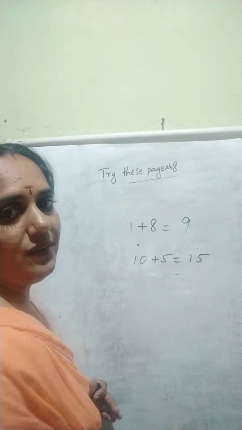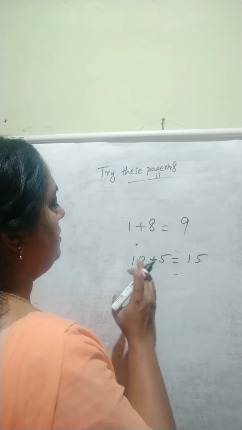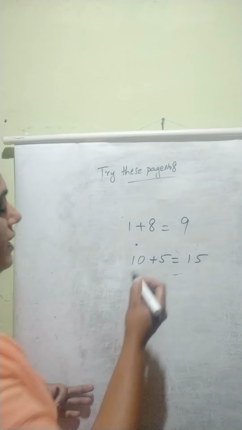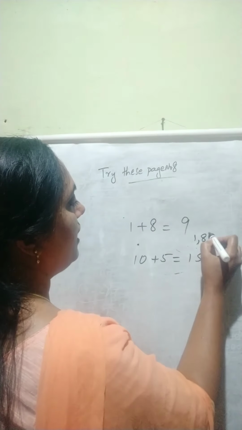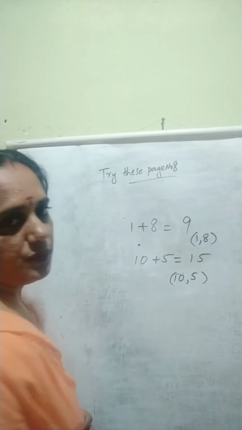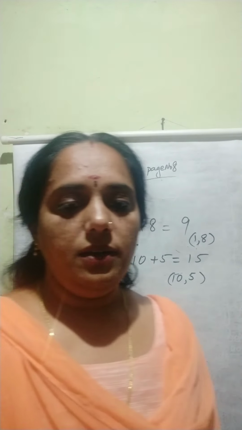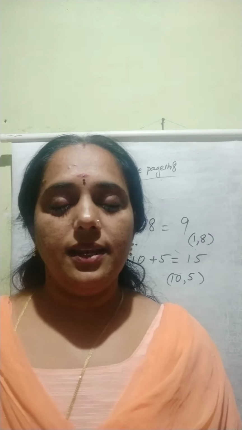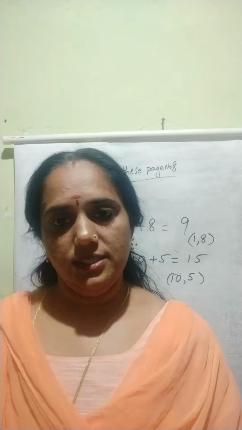These are positive integers. Then 15 is greater than 10 and 5. So we can write a pair 1, 8 or 10, 5. Here the sum is greater than the other two integers. Now we discussed about the sum. Now the next question.